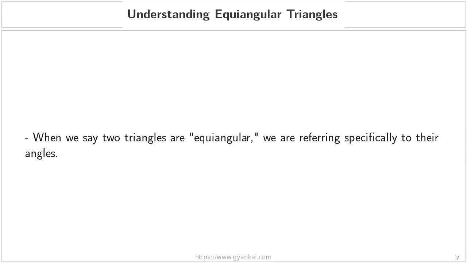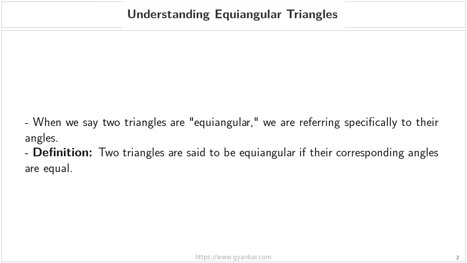Understanding equiangular triangles. Now that we've established that the rules for polygon similarity apply to triangles, let's dive into what makes a triangle equiangular. When we use the term equiangular, we are focusing specifically on the angles of the triangles rather than their side lengths.